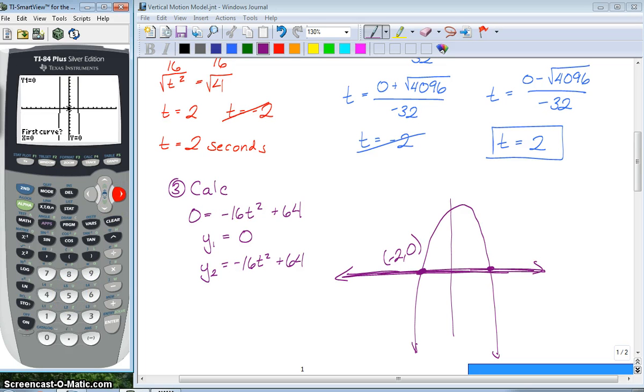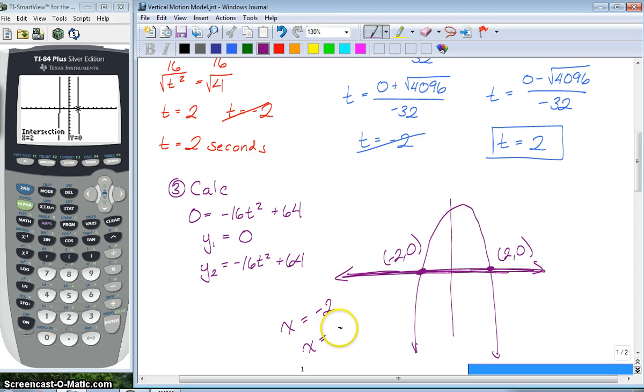I'm going to scroll as close as I can to the other point. Hit enter 3 times. And I get the point 2, comma 0. So now I can see that x, or t, equals negative 2, and it equals positive 2. Those are my two solutions. Again, we're in story problem land though, so negative 2 doesn't make sense, and positive 2 is my answer.